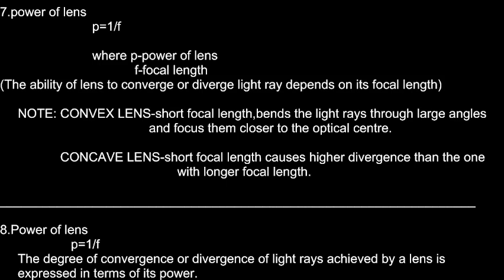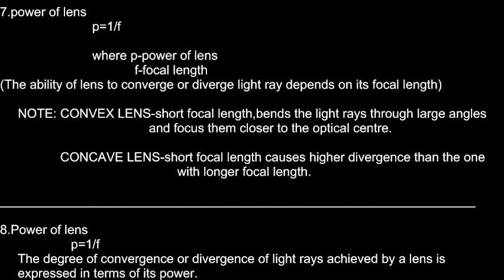The light rays bend through large angles, and the convex lens focuses them closer to the optical center. A question may be asked based on this. Shorter the focal length, larger the angles, and the rays get focused closer to the optical center. This is with respect to the convex lens.